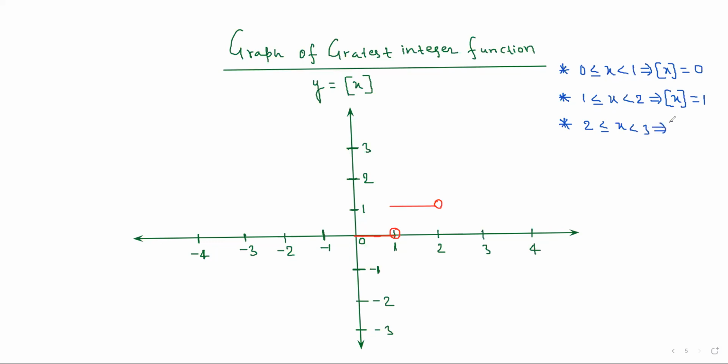So the greatest integer function of x is always 2. The graph is simply 2 to 3. Suppose x lies between 3 to 4. The greatest integer function of x is always 3.